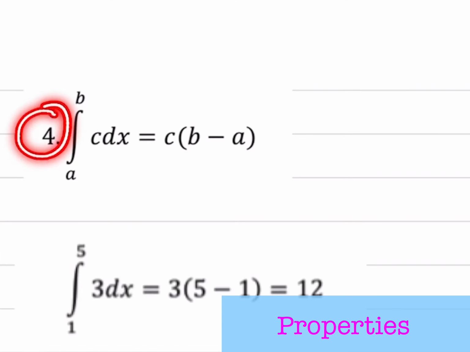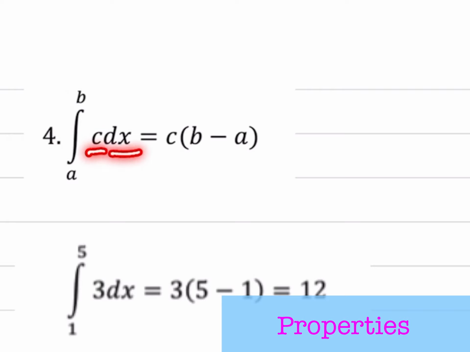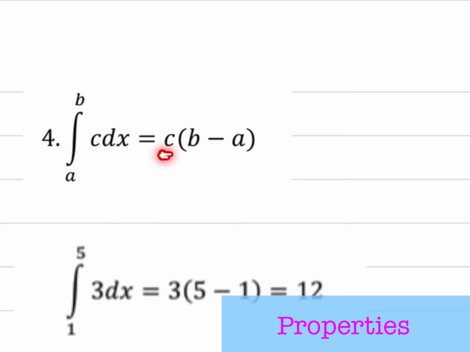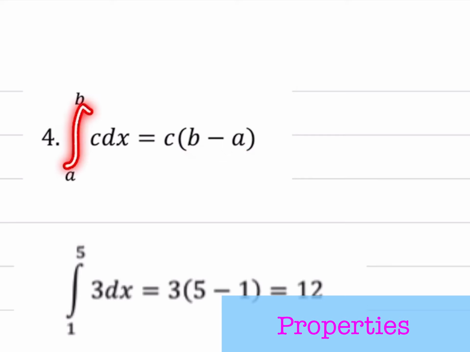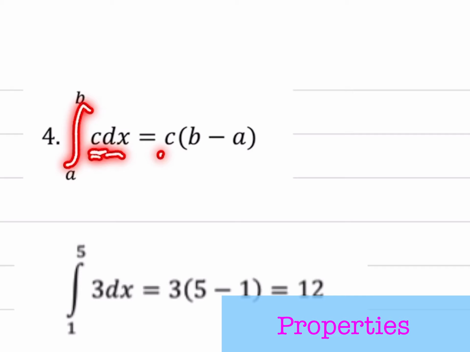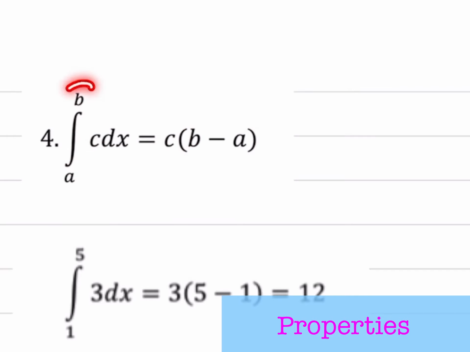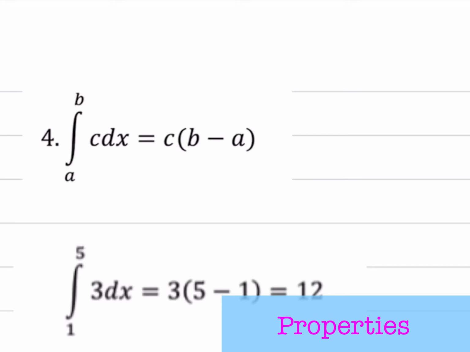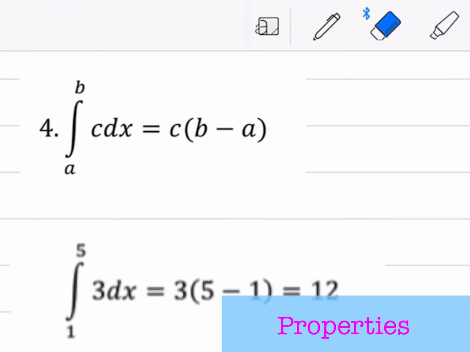Property number 4: the integral of c dx evaluated from a to b is simply c, where c is a constant, times the difference between the limits, b minus a. To further understand the fourth property, let me give you an example.